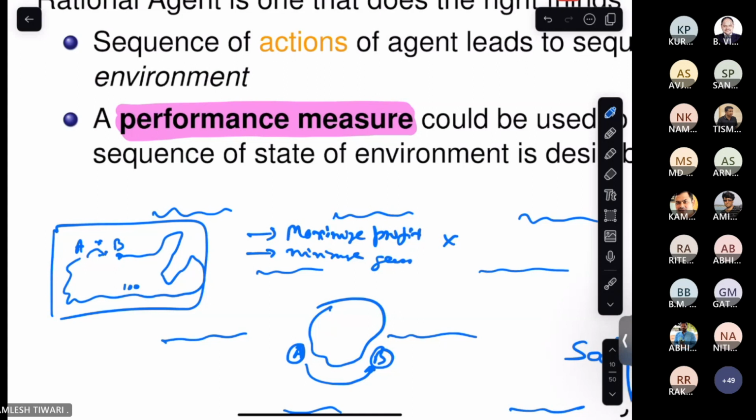But if you go from here to here, it would be the shortest distance. So if you want to minimize the time, you have to go by this way. If you want to minimize the distance, you have to go by this, but then your time is going to be increased.